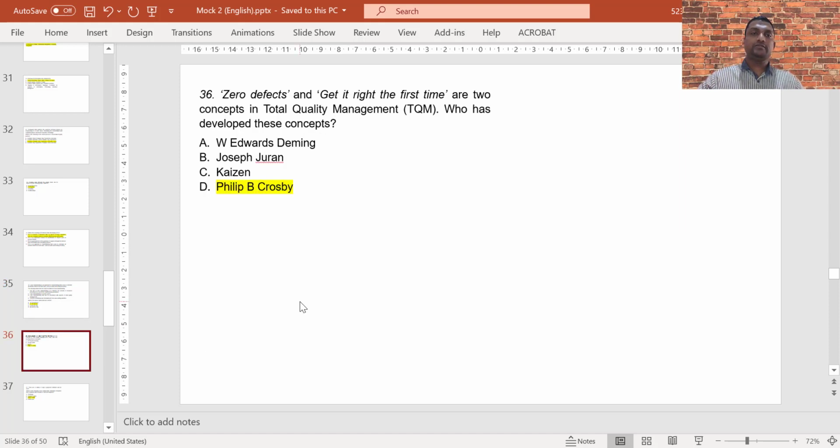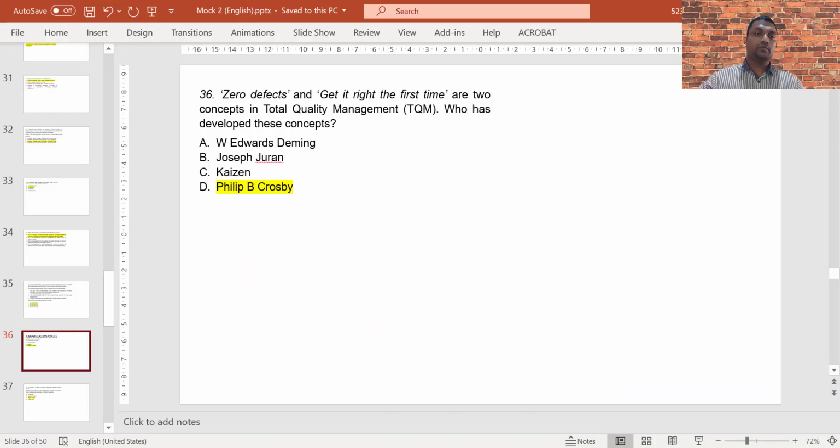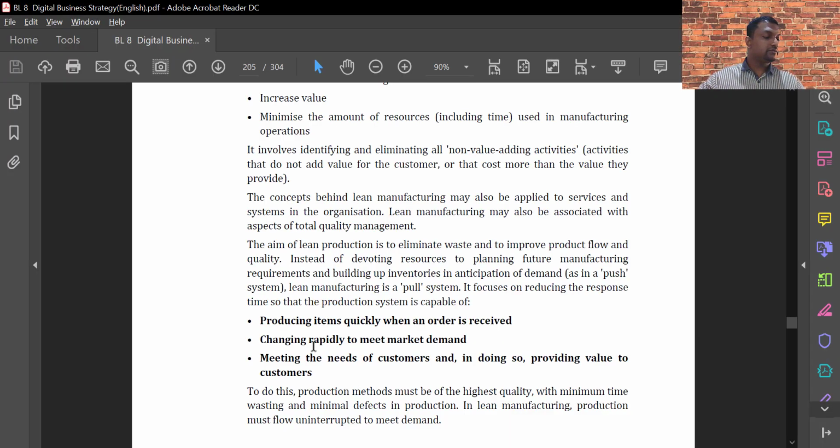Question number 36. Zero defects and get it right the first time are two concepts in total quality management. So who has developed these concepts? Let's see what are the concepts developed here.